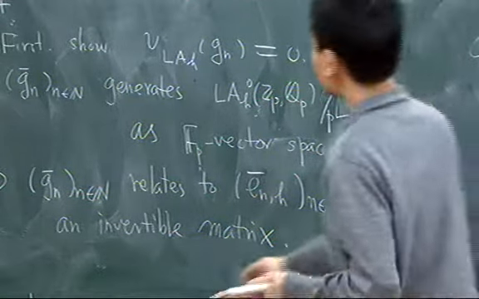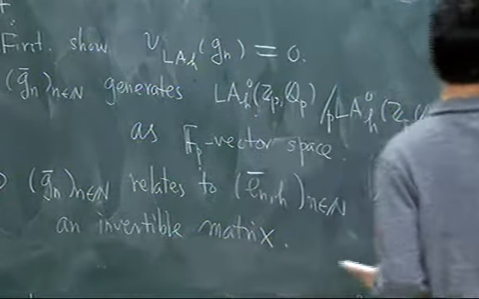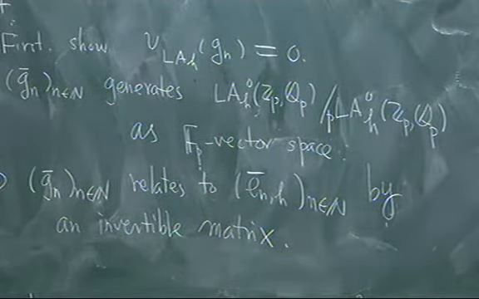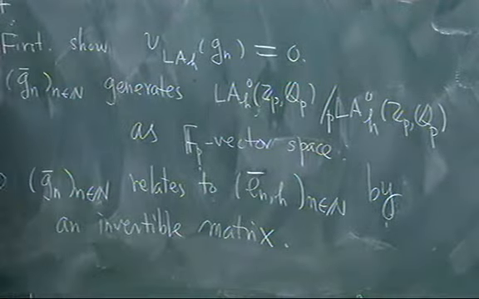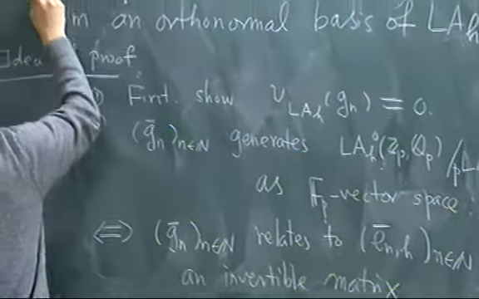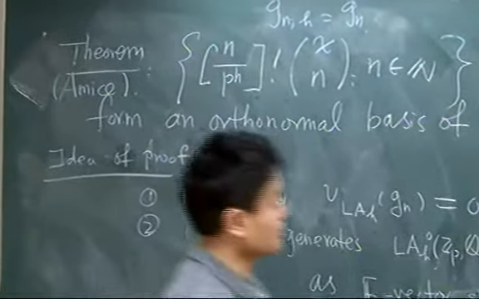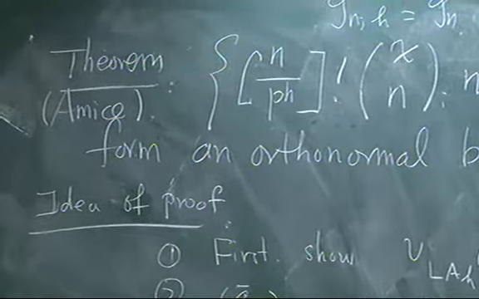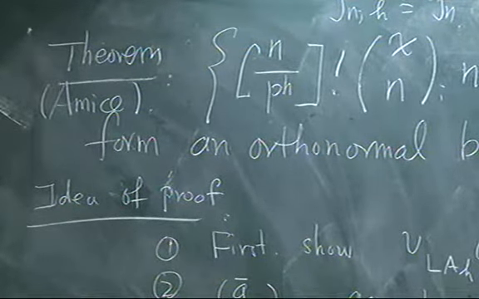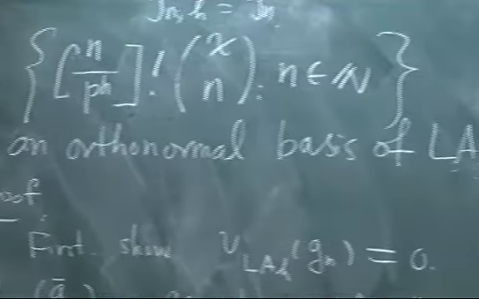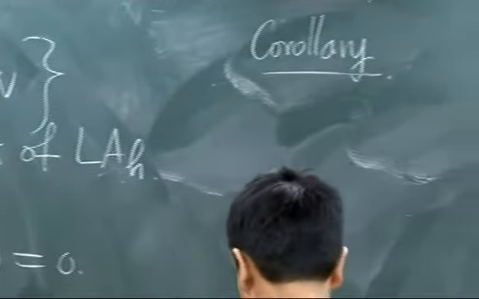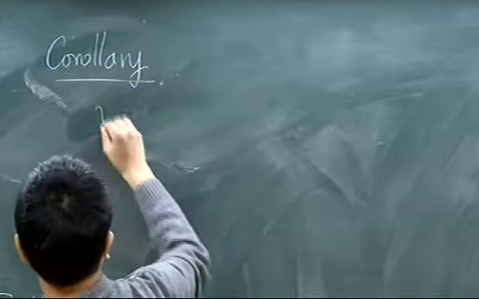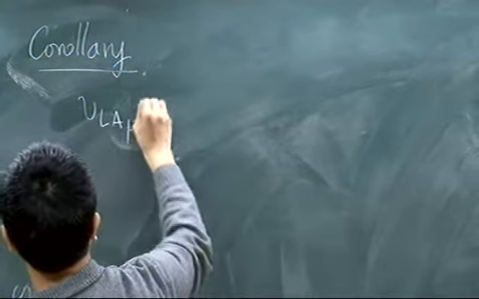But anyway, this is a theorem of Amice, so that should be in the 70s. Because of this theorem, we have at least a corollary. The corollary is you have this valuation of L A mu f.